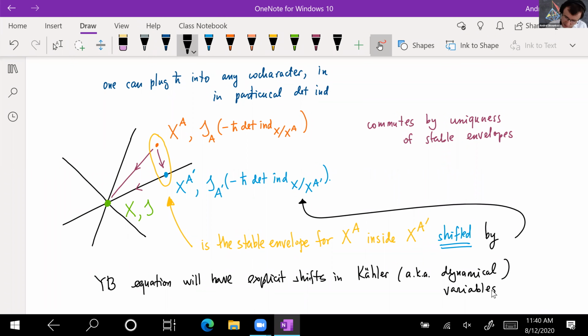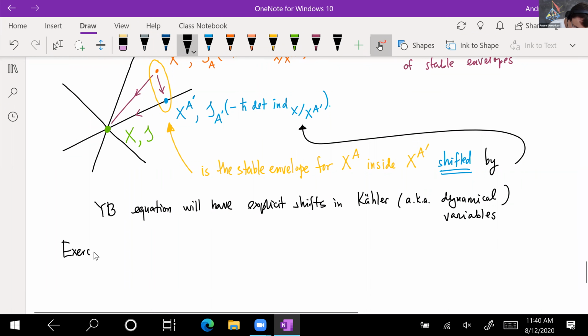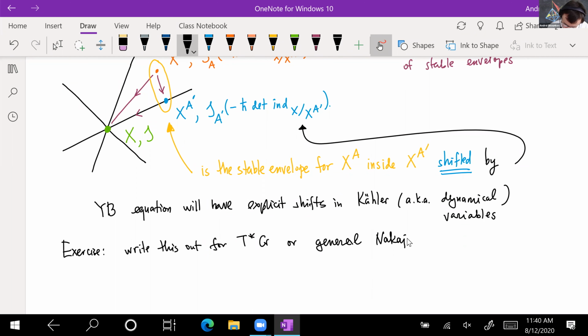So a good exercise: write it out for T-star Grassmannian or general cases, and see that you really get the usual dynamical Yang-Baxter equation.